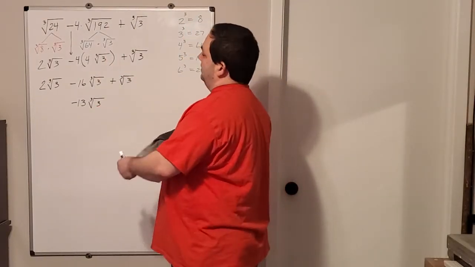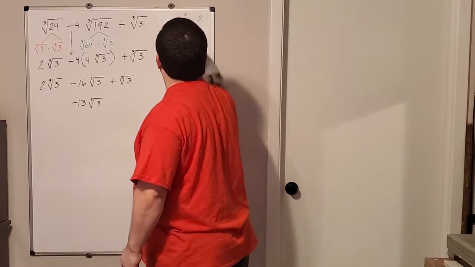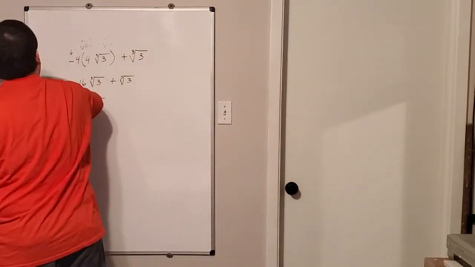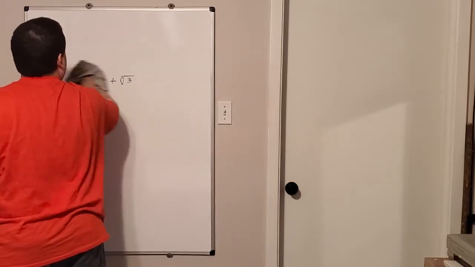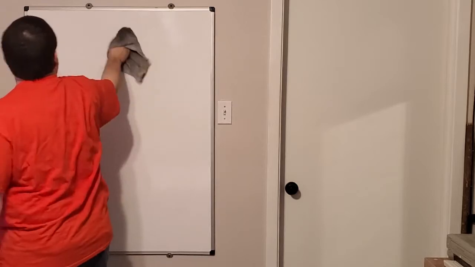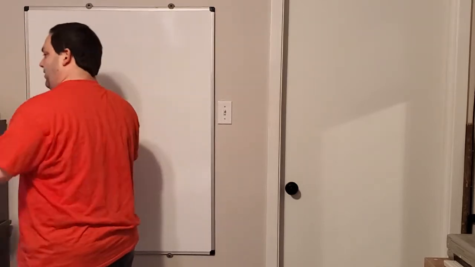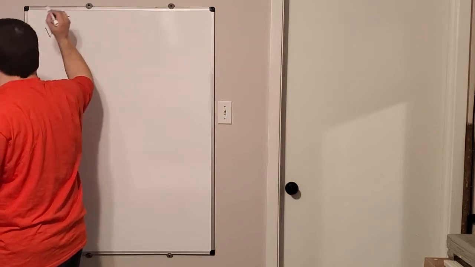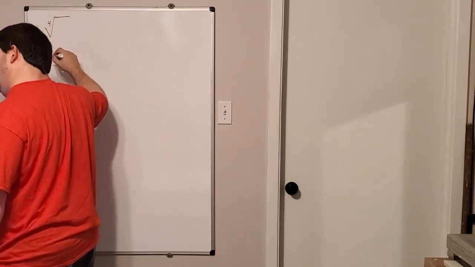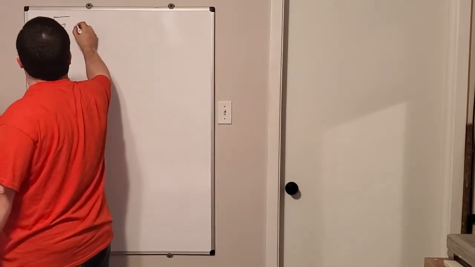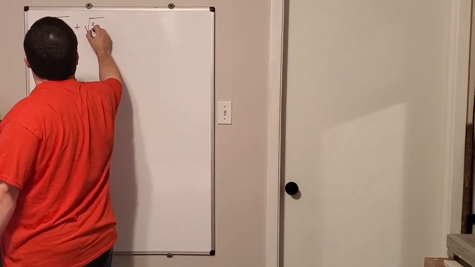So let's get our next example in. I've got the fourth root of 32 plus the square root of 32.